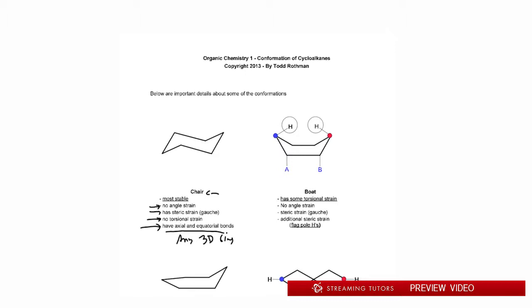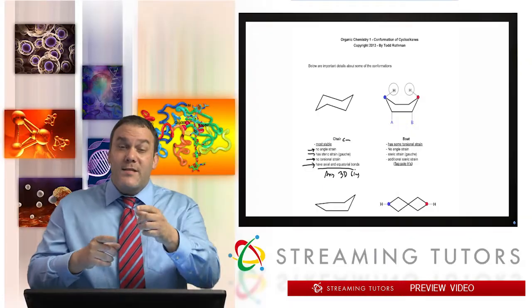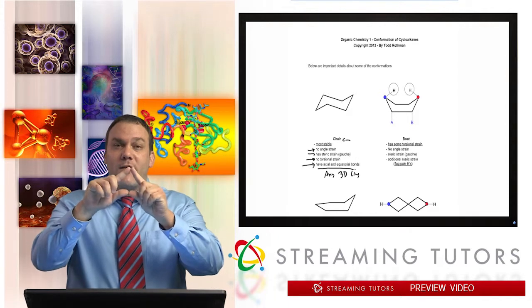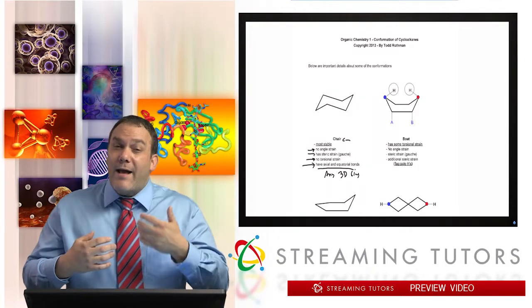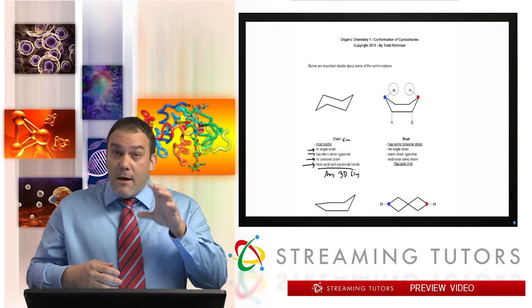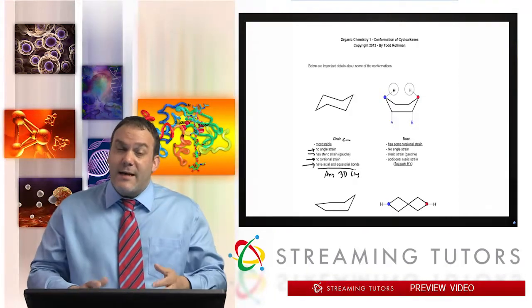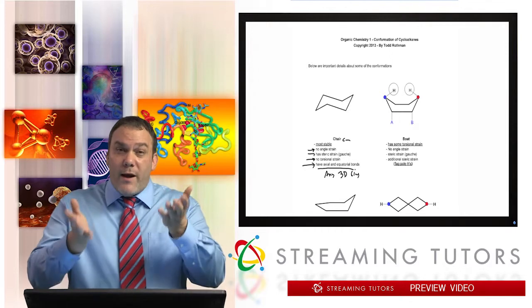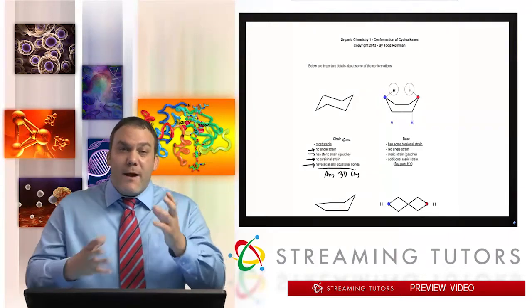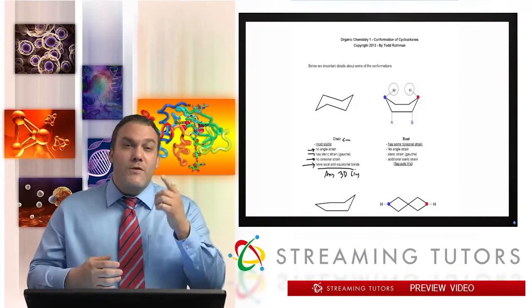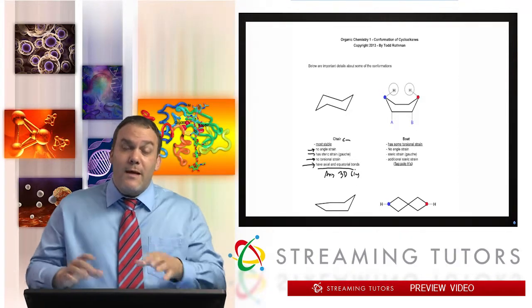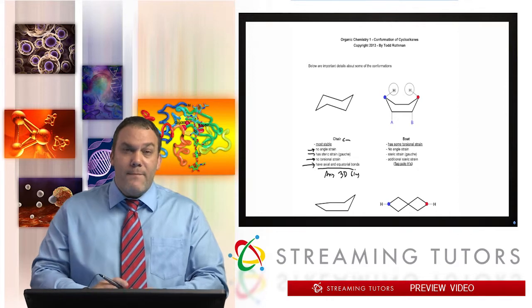But once you start pushing things off of planes, once you start making it 3-dimensional, like cyclobutane looks like the Star Trek symbol, that means that it has some 3-dimensionality to it. So it has axial equatorial bonds. Cyclopentane, cyclohexane, and so on. They all have these 3-dimensional characteristics, which means that they have 2 bond types known as axial and equatorial. We'll learn about them soon. But for now, I just want to point out what that means.